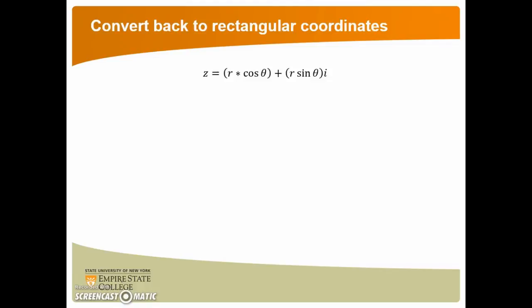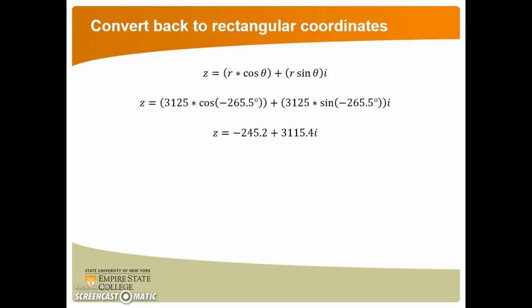To convert back, we distribute the r through the parentheses. So we plug in the polar form we just found. Doing the math, we have the complex number negative 245.2 plus 3,115.4i.